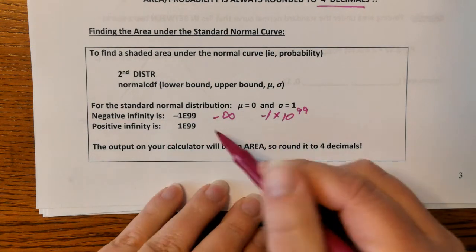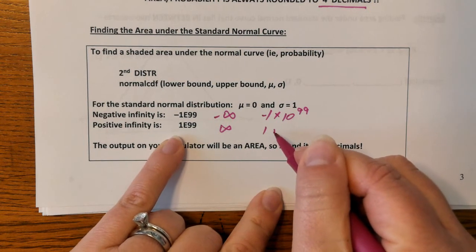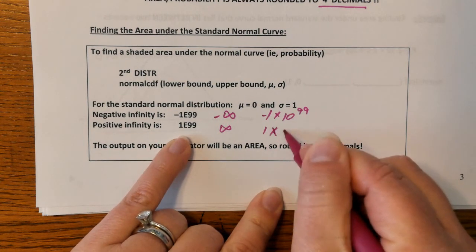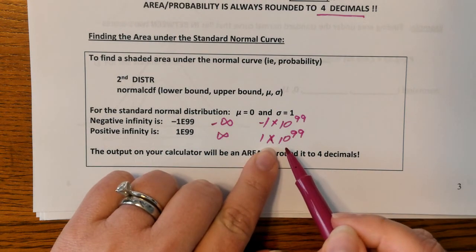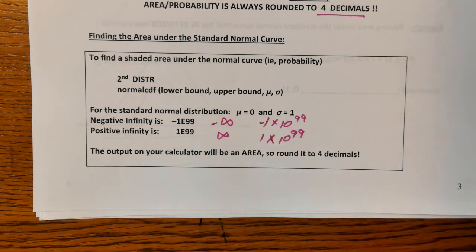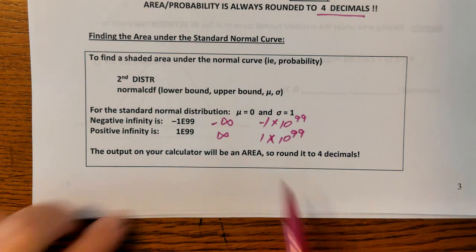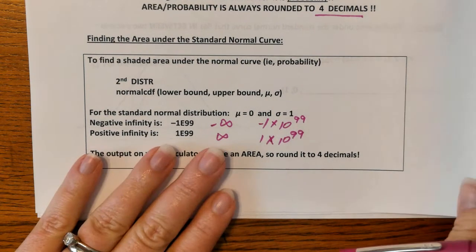And if we want positive infinity, we will type 1e99, which is the calculator's way of saying 1 times 10 to the 99th, which would be like a ginormous number, a bajillion or whatever. With the -1 in front, it would be like negative bajillion or something. So that's just some shorthand that we'll use in our calculator, okay? So there's your calculator keystrokes if you need them, okay? All right.